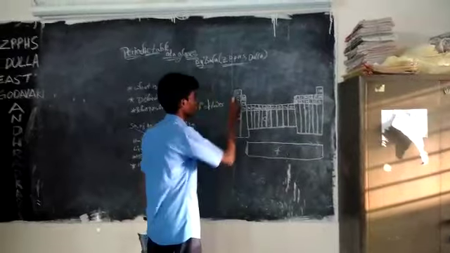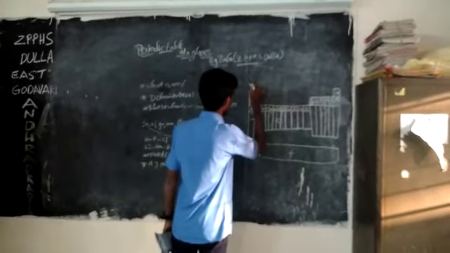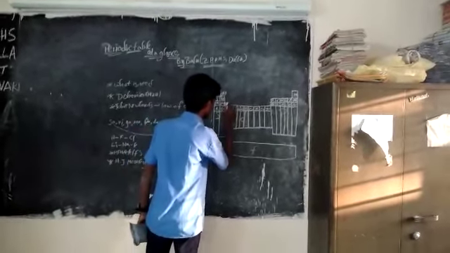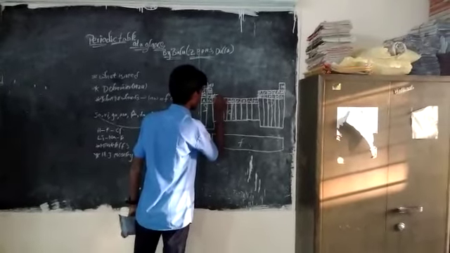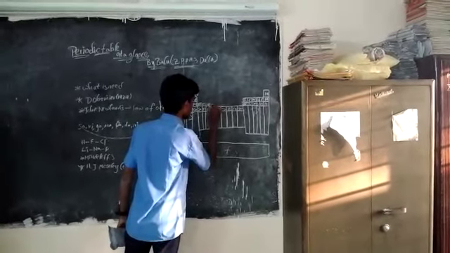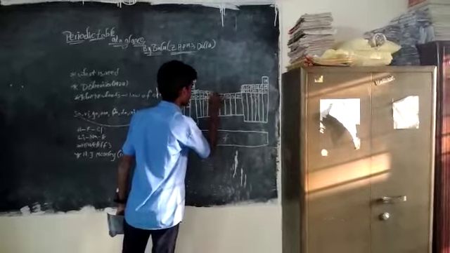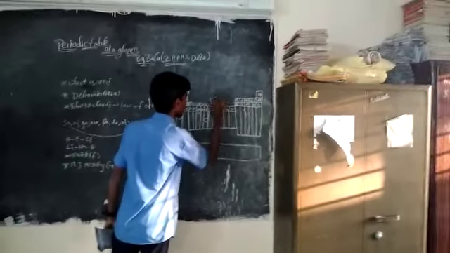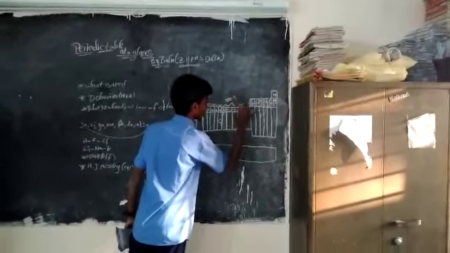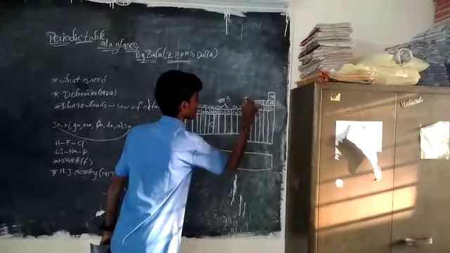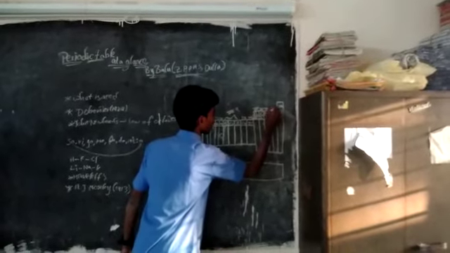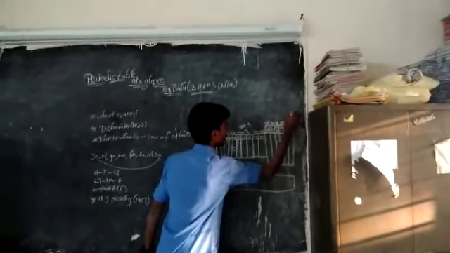It contains 18 groups. The first group is named 1A, then 2A, and then 3B, 4B, 5B, 6B, 7B, and the three columns of 8B, then 1B, 2B, 3A, 4A, 5A, 6A, and 7A, and the last one is 0.